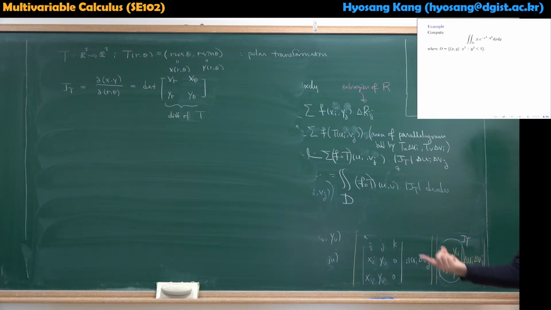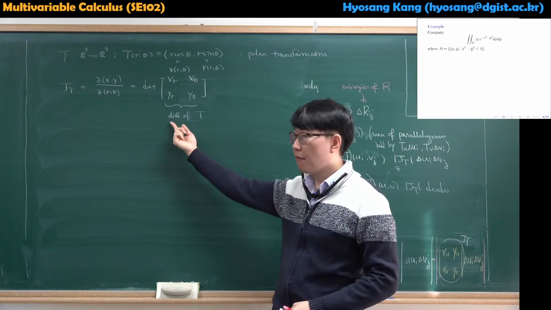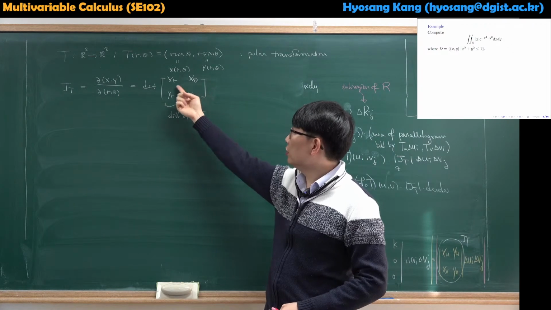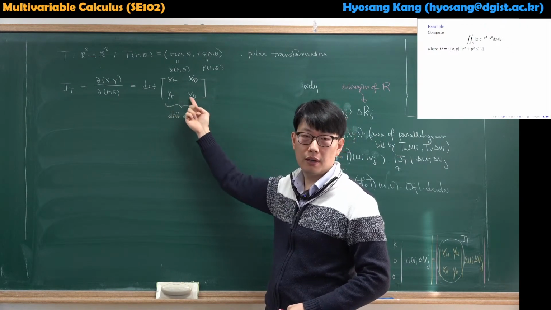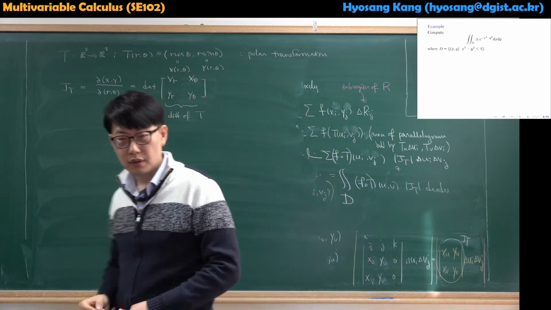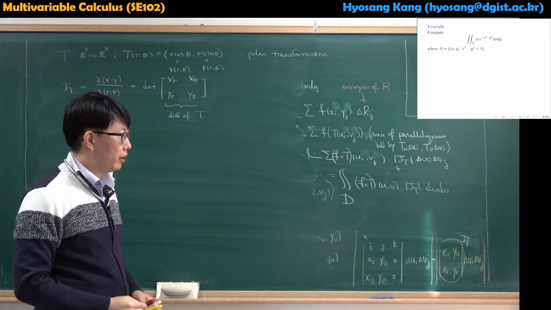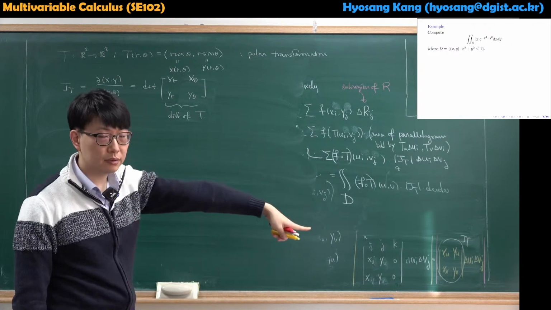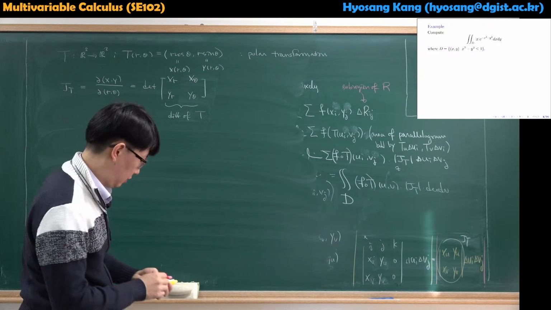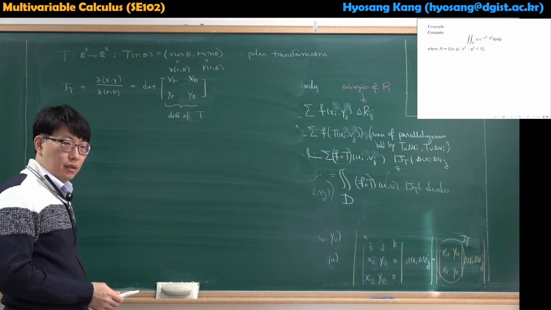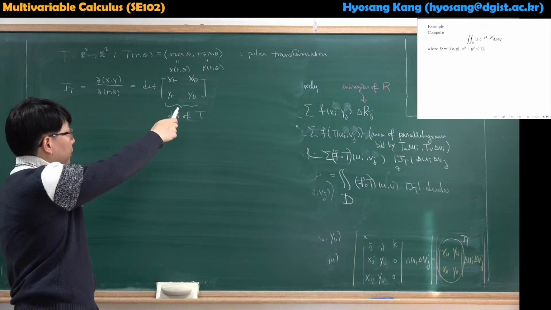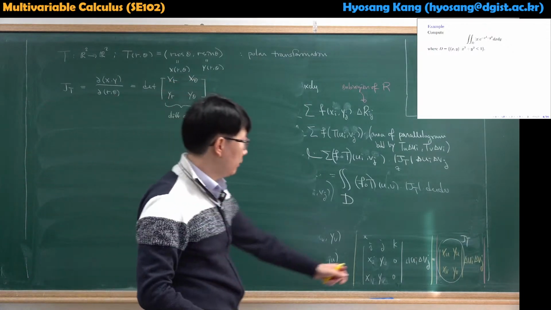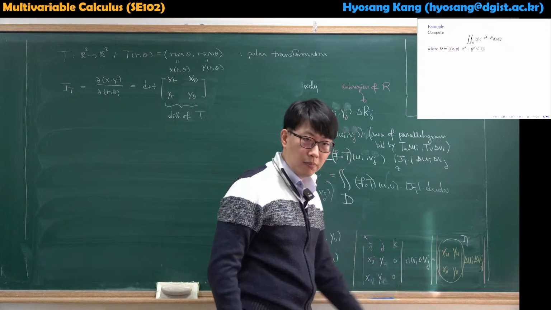But if you take the definition of the differential of this transformation, it should be this order. They are different. They have different arrangements. Is it okay? Sometimes you have x on the same row, but sometimes x on the same column?